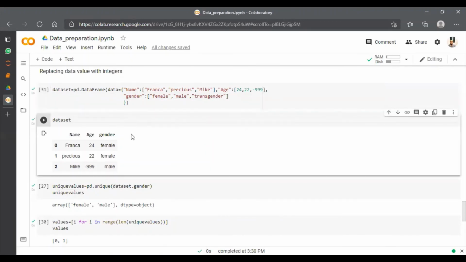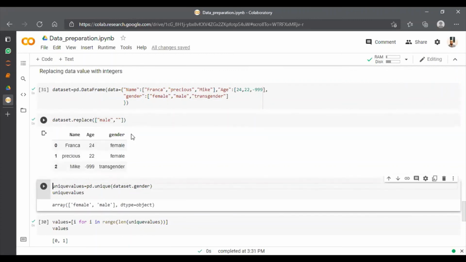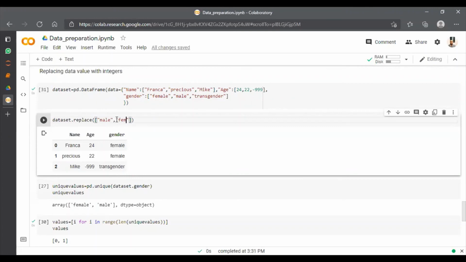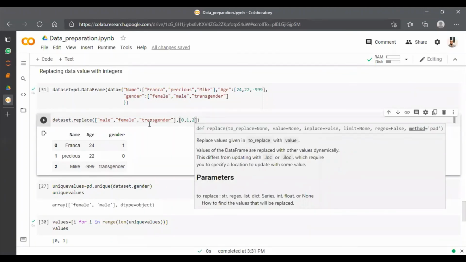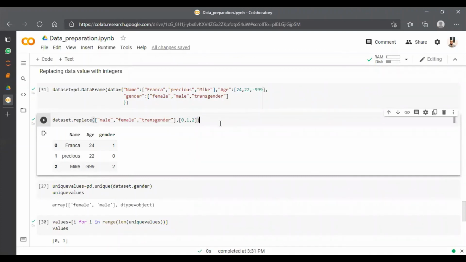The traditional way of doing that is to start replacing the values, each of them: male, comma, 0, female, comma, 1. If you still have transgender that is not replaced, I would like to replace transgender by 2. So this is the traditional way of doing that.